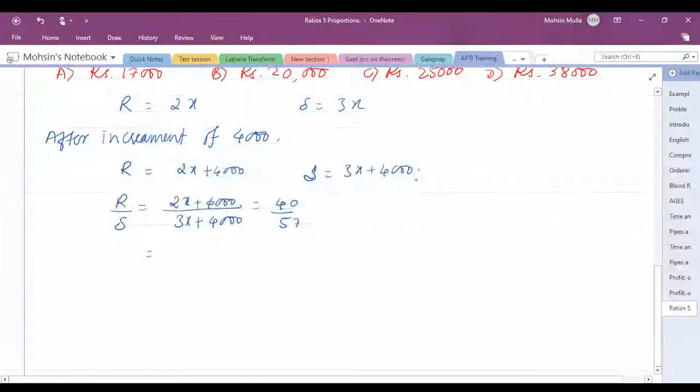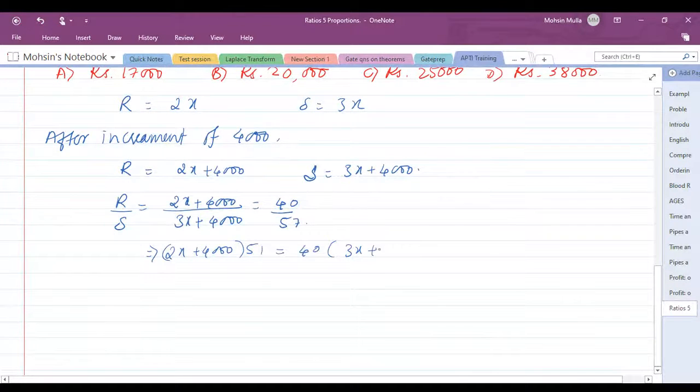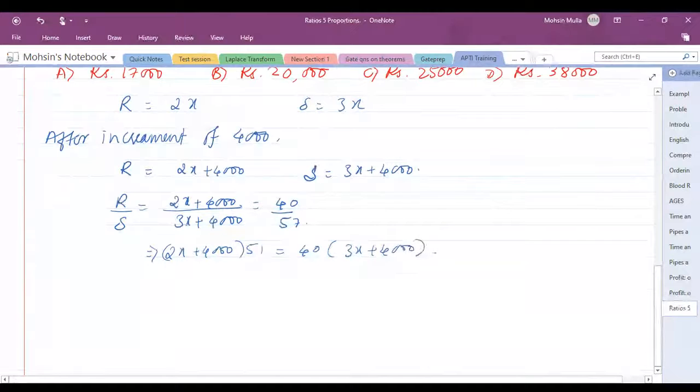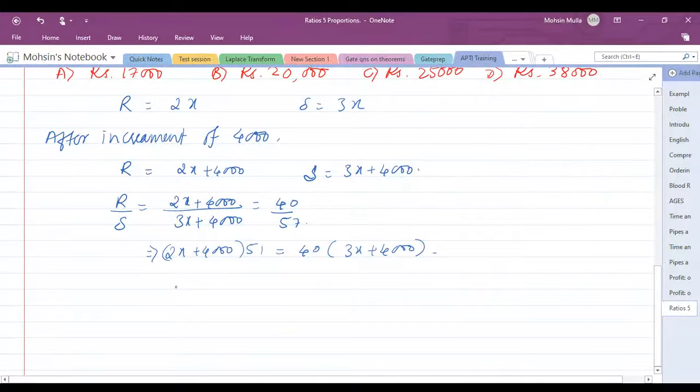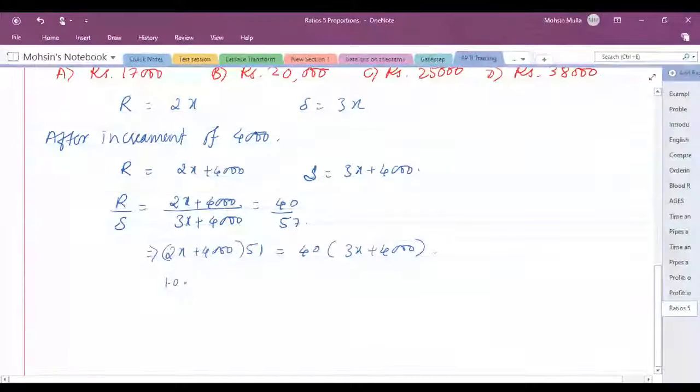To do that, you have to do the cross multiplication. So (2x plus 4000) into 57 on the left hand side, and 40 into (3x plus 4000) on the right hand side.